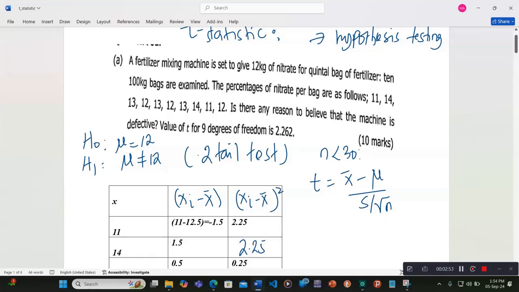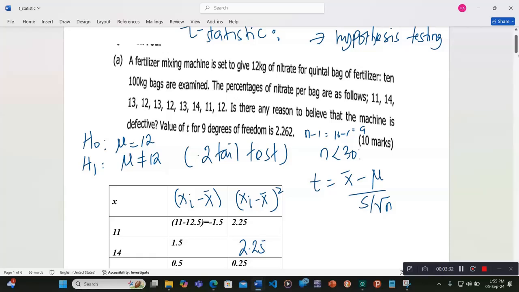After getting our t-statistic, we shall compare it with the critical value at degrees of freedom 9, which is n minus 1, equal to 10 minus 1, and this is equal to 9. So this is where they got the 9 degrees of freedom. From there, we would check our tables to look for the critical value, but here it has been provided for us. So our task is to calculate the statistic and compare it against the 2.262.